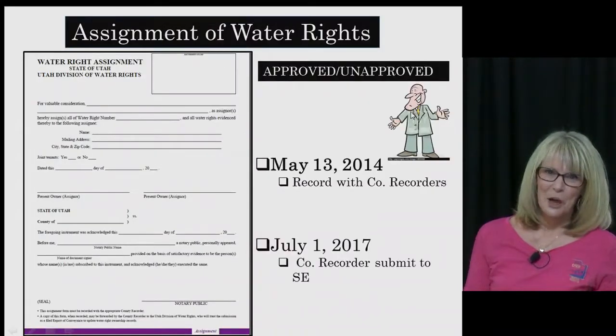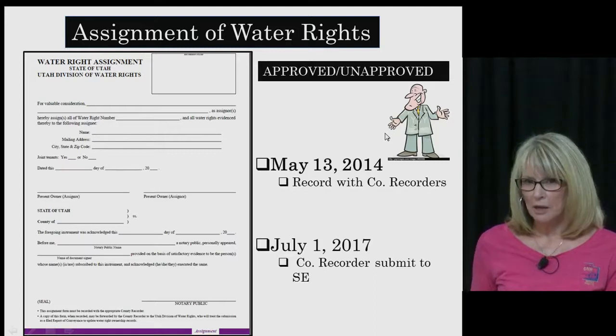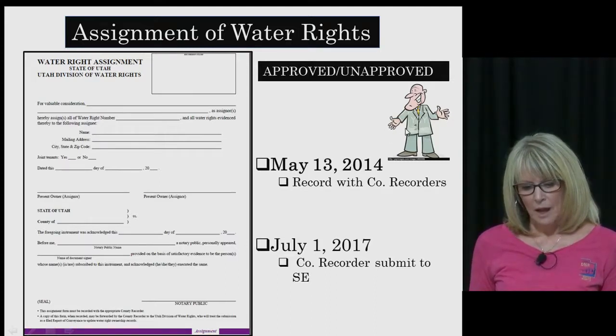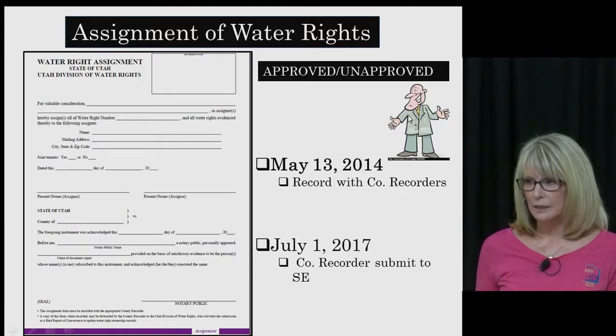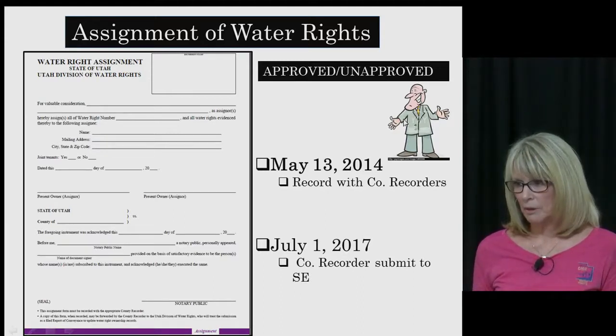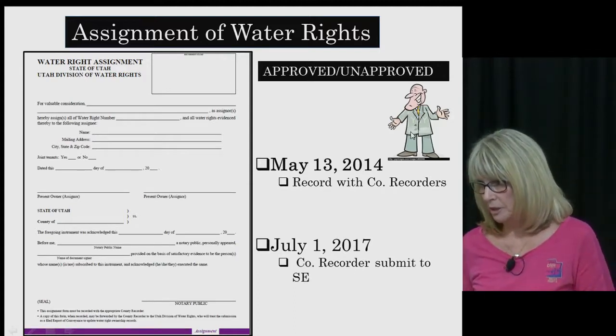Okay. So we'll go on now to another way to possibly convey a water right, and this is by an assignment. Now, an assignment cannot convey a perfected water right. And Chris covered perfected water rights in his presentation.